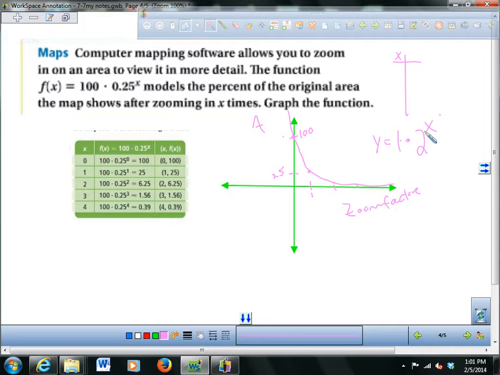So the first day is the 0th day. So how many cents am I going to have on the 0th day? 1, right? On the 30th day, well, actually on the 31st day, since you're starting when x is 0 on the very first day, what's that exponent going to be? Is it going to be 0 or is it going to be 31?